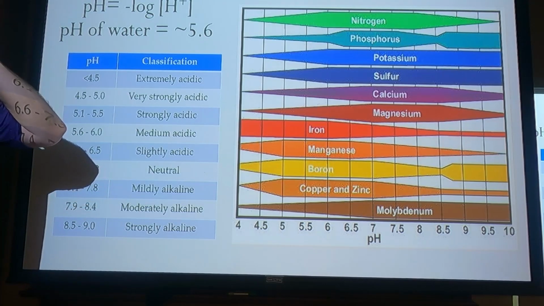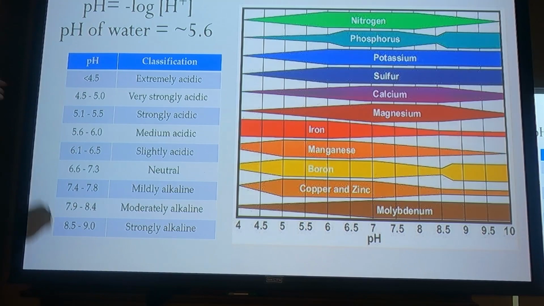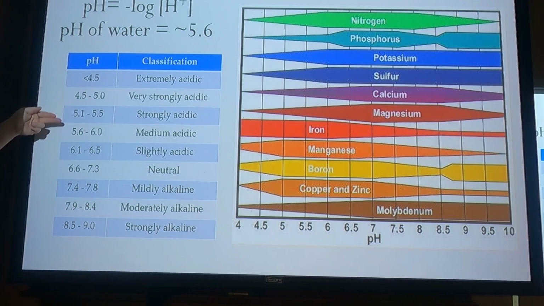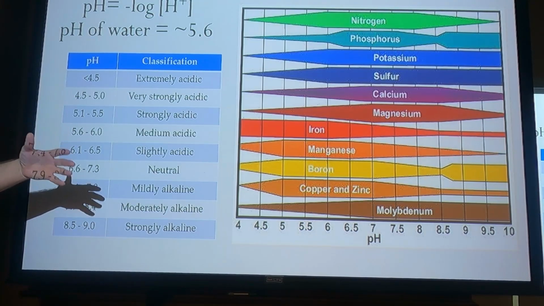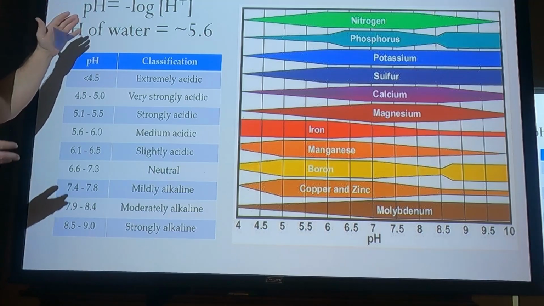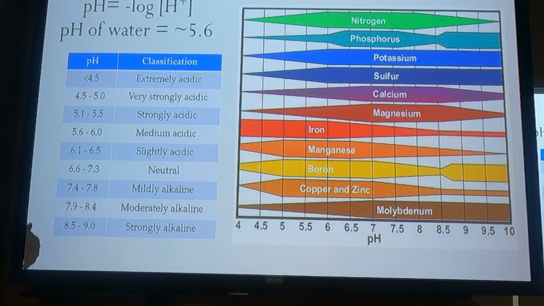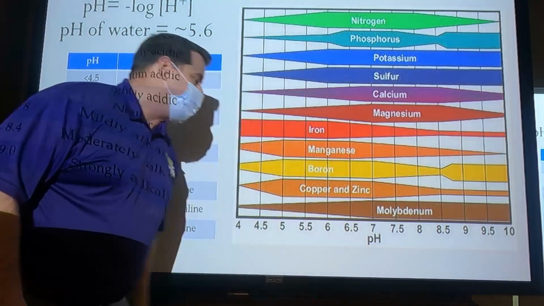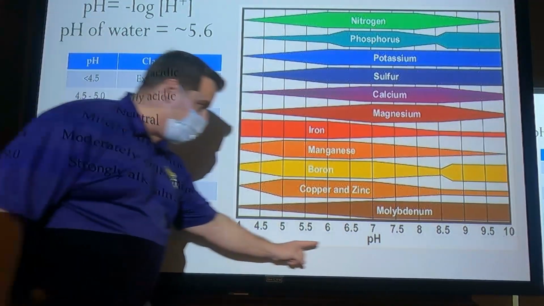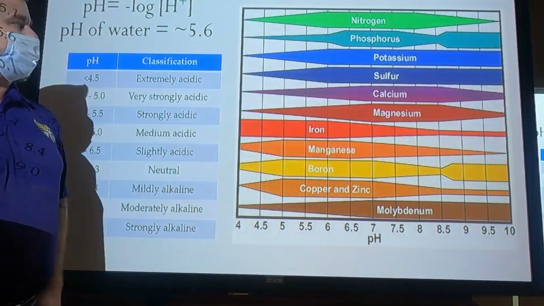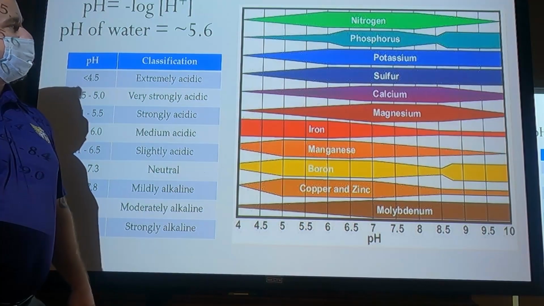Between 5.1 and 5.6, they're still both acidic, but we're saying it's becoming more alkaline. The conditions may still be acidic, but it's becoming more alkaline, or less acidic. It's just terminology we use to indicate which direction on the pH scale we are going, whether towards the more alkaline scale or back down towards the more acidic scale.